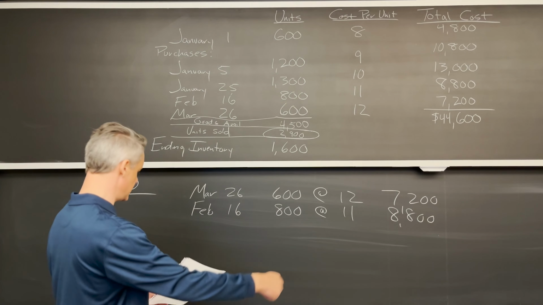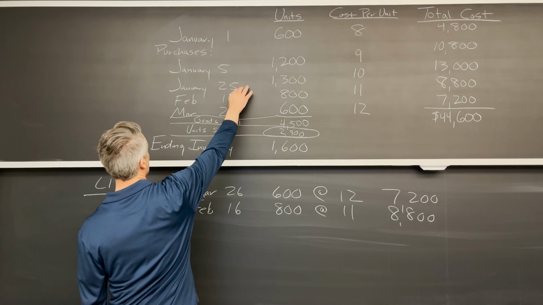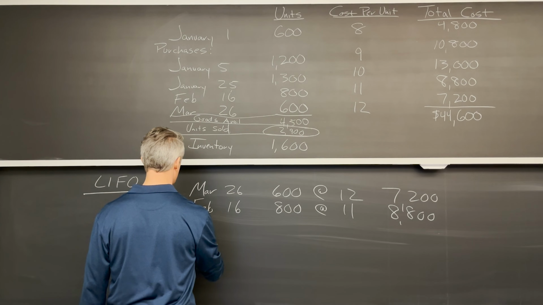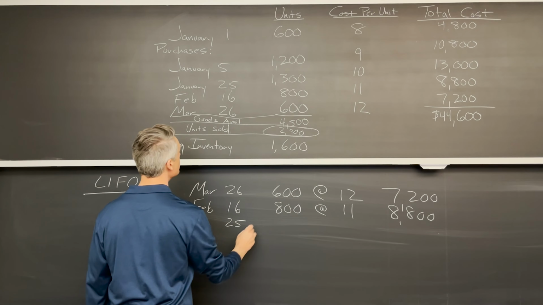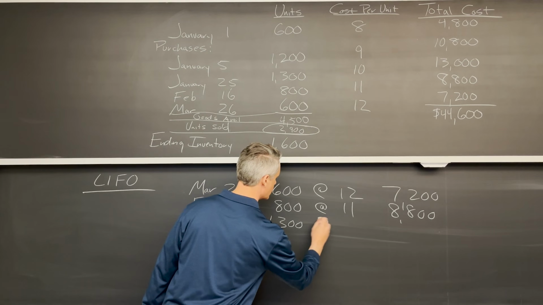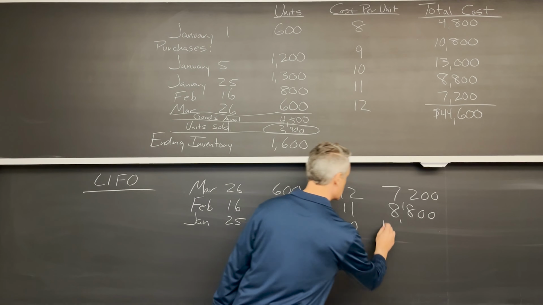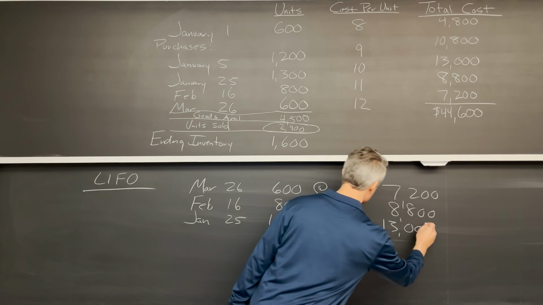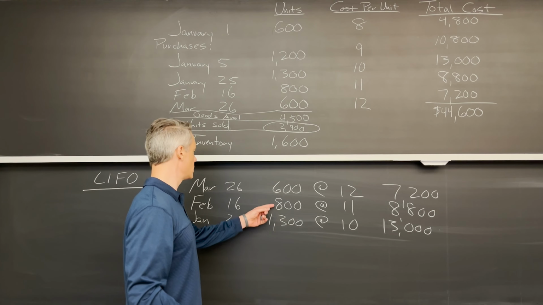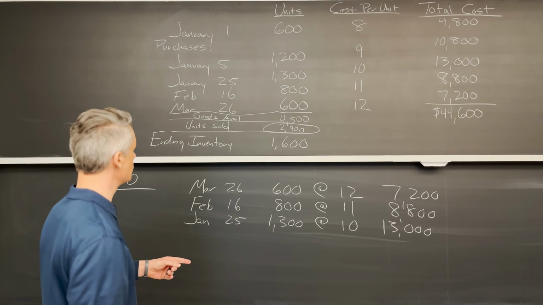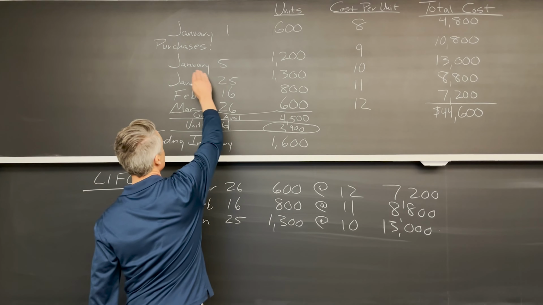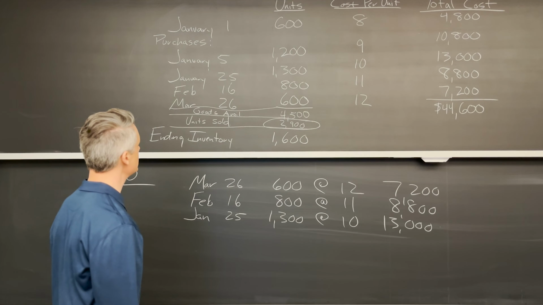We sold 1,500 more. Let's work our way to the next most recent purchase from January 25th for 1,300 units. We paid $10 for these, which was $13,000. Now we're up to 2,700 units. We sold 200 more that we're going to pull from this January 5th layer.